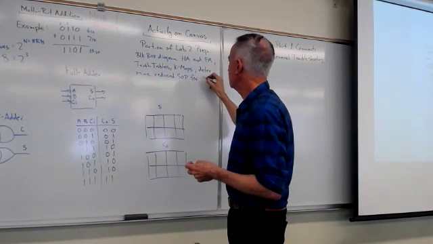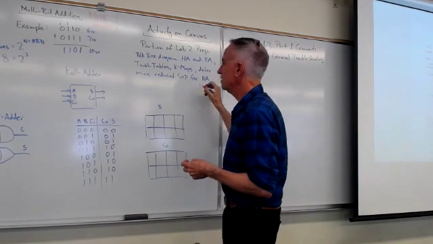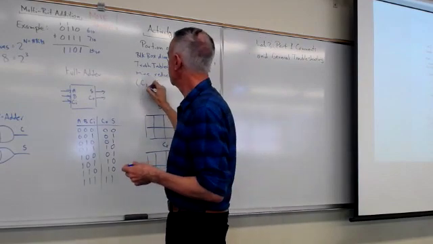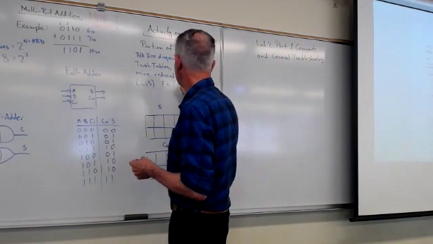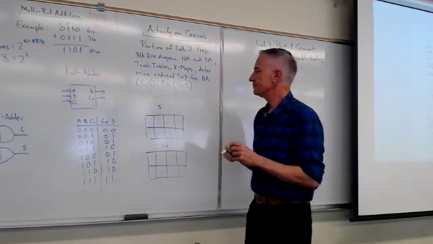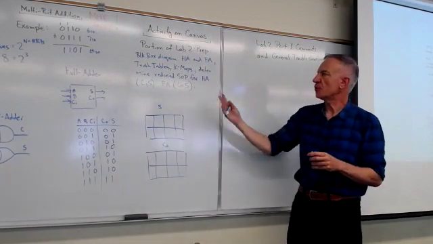So for the half adder you want S and C, and then for the full adder you want S and C0. So you'll have 4 equations.